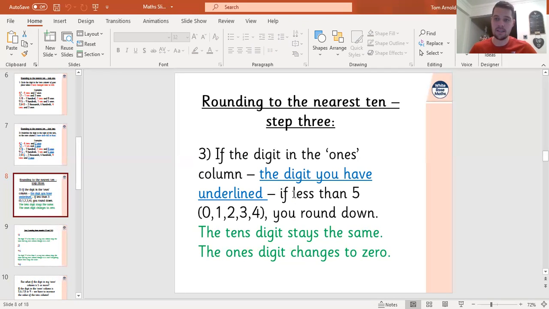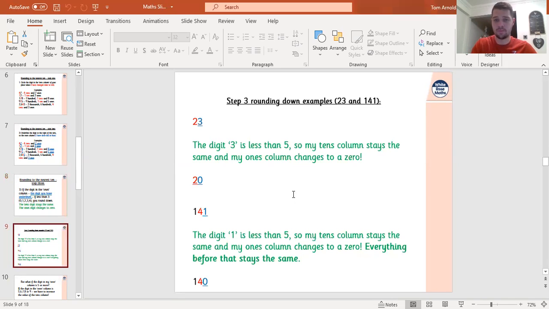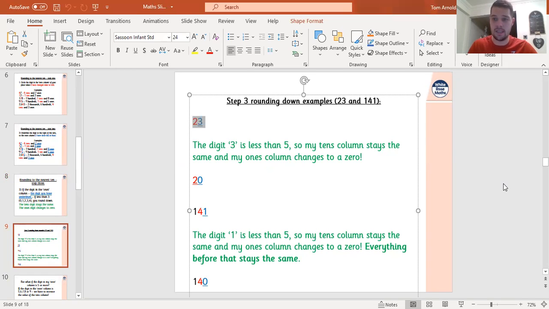What that means is the digit in my tens column stays the same and my ones changes to a 0. For example, if I was rounding 23 to the nearest 10, my 3 is less than 5, so I need to keep my 2 tens the same and put my placeholder 0 in.